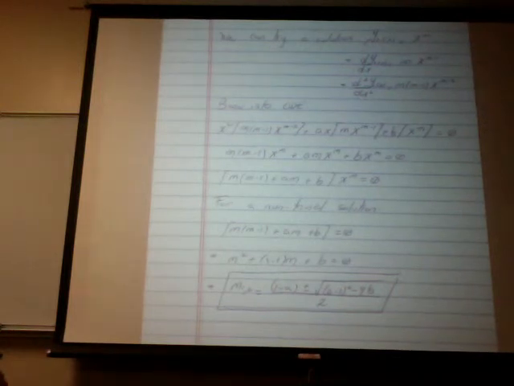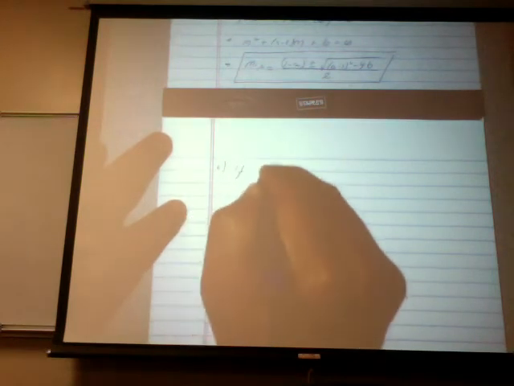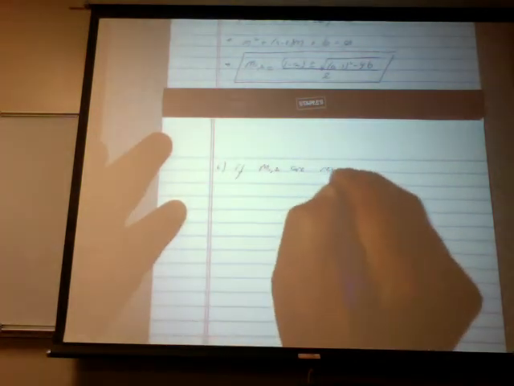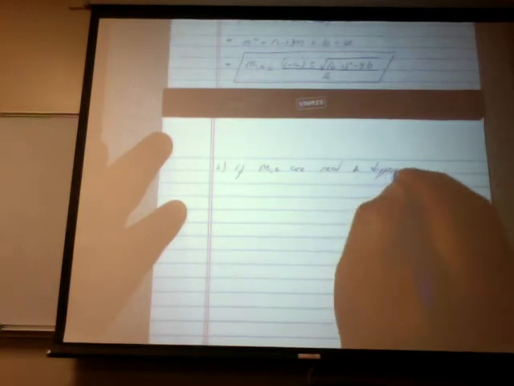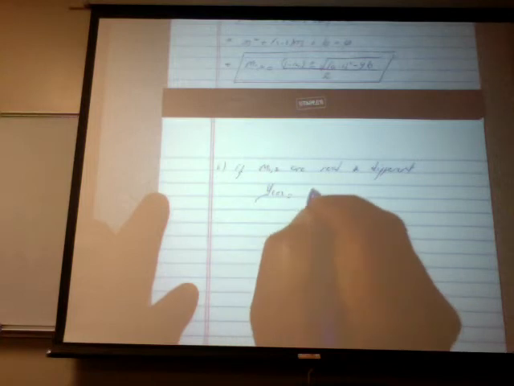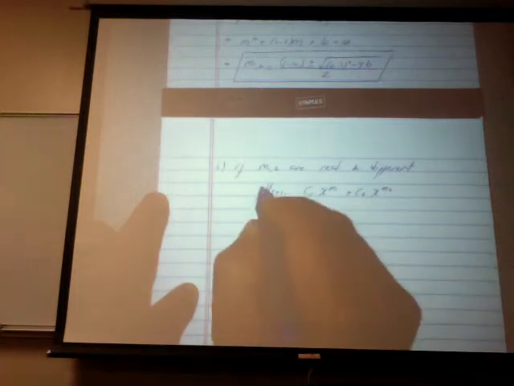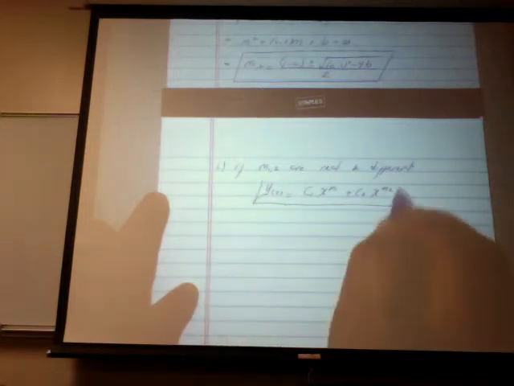So, to end the class today, case 1: if m1 and m2 are real and different, that means that the argument in the square root is positive, greater than 0, then y of x is equal to c1 times x to the m1 plus c2 times x to the m2.